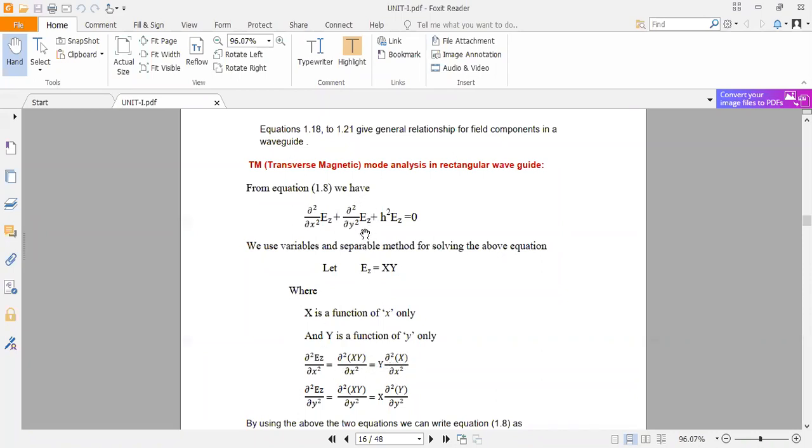Again, one more expression is there: dou square by dou y square. Instead of Ez, you just substitute XY. And Y is a function of Y only, so take X out. Now what does the expression become?